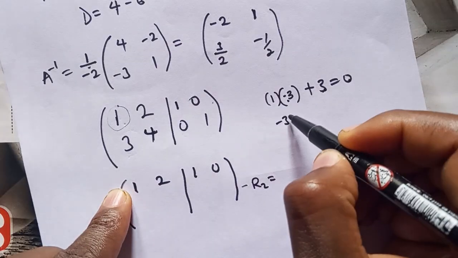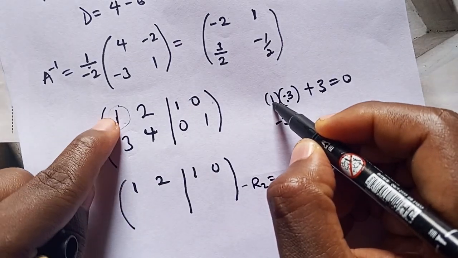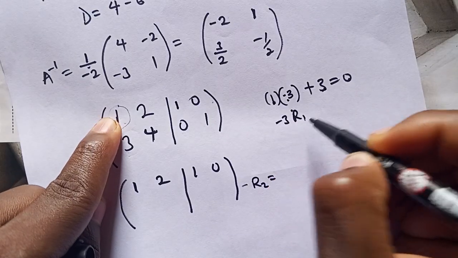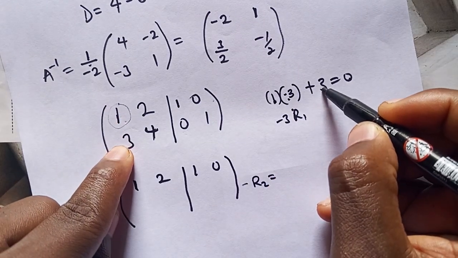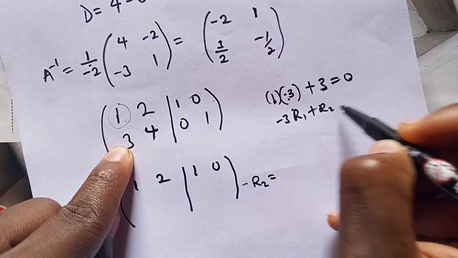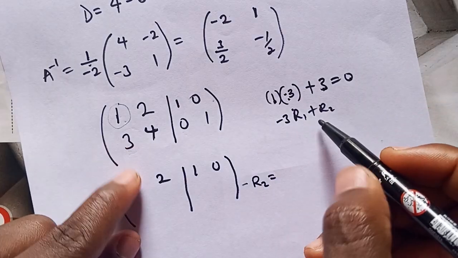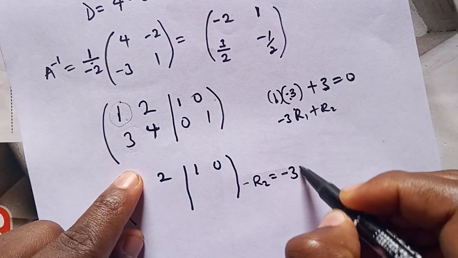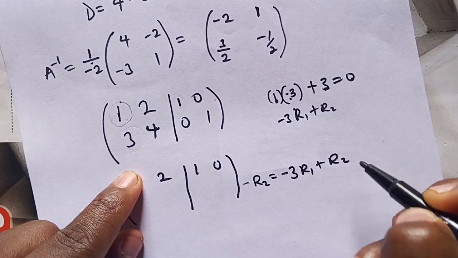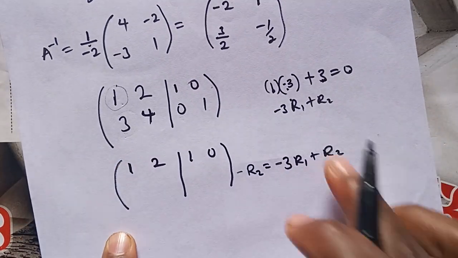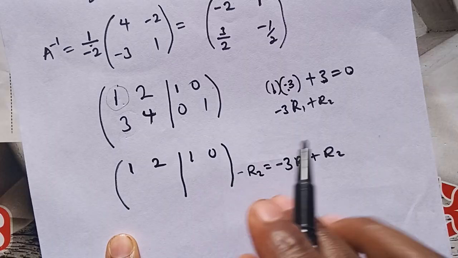So this is minus 3. My 1 is in row 1, and my 3 is in the second row. So this has formed a row operation: minus 3 row 1 plus row 2. I will use this row operation to fill in the values here.